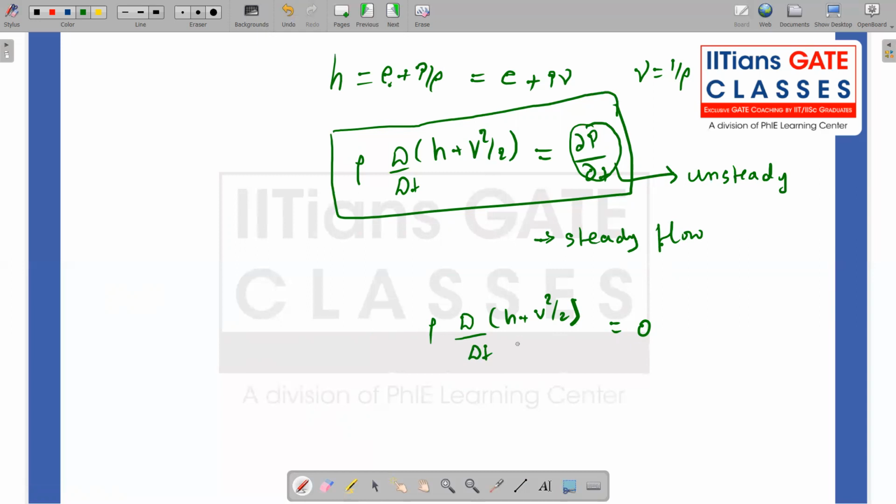That means the term which is inside the differential, or which is differentiated, has to be constant. So H plus V square by 2 is equal to constant. We define this constant as the stagnation enthalpy H naught.